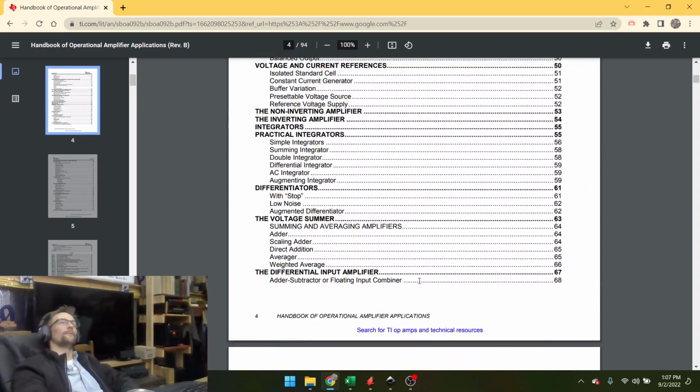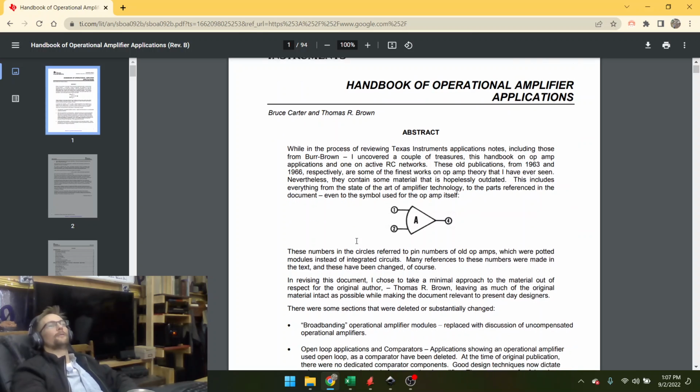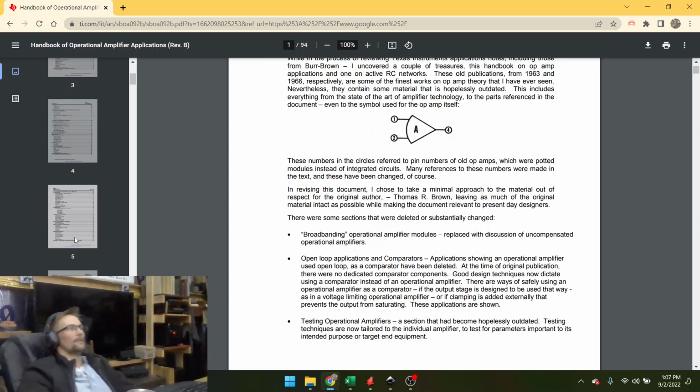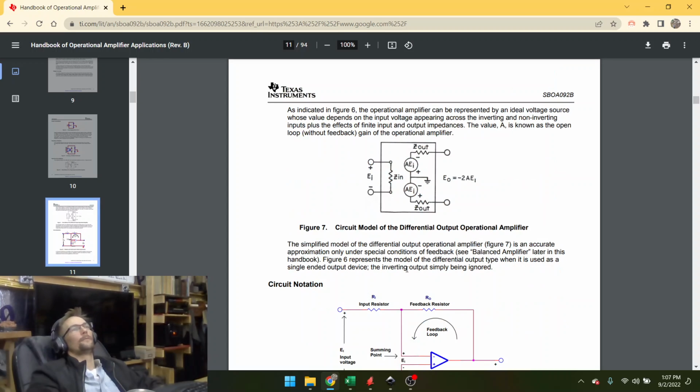This guy, who polished this application note together, was reading through something from 1963 and 1966, and that's largely what this document is based on. So yeah.